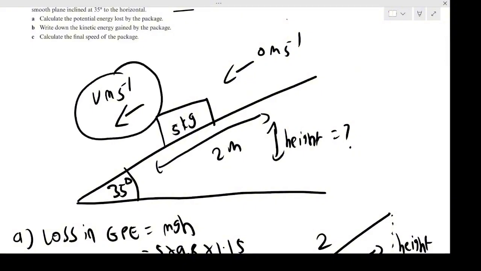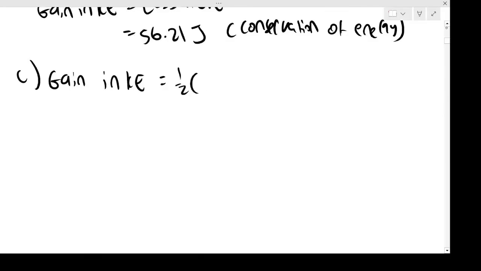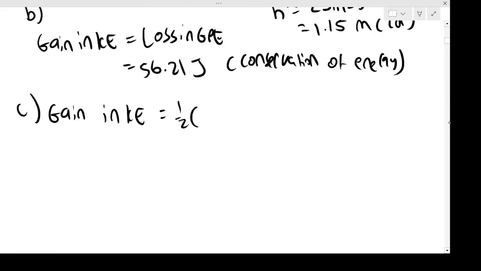It's speed V, where it ends up after 2 meters. Okay, so we know the gain in kinetic energy, but we can also work it out by doing the final minus the initial kinetic energy. Well, the final kinetic energy is going to be half mv squared. Well, the mass is 5.